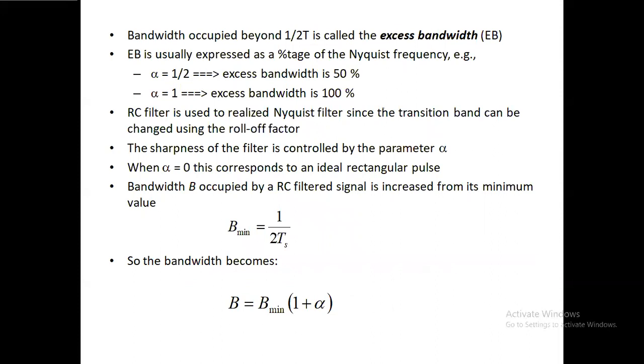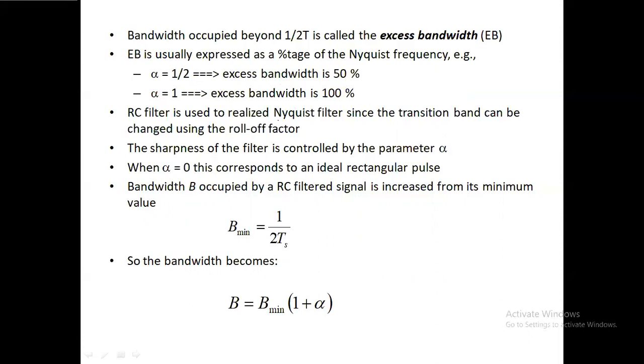The bandwidth occupied beyond 1 by 2T is called the excess bandwidth, and the excess bandwidth is usually expressed as a percentage of the Nyquist frequency. If alpha is 0.5, then we have 50% excess bandwidth. Alpha is 1 means we have 100% excess bandwidth.